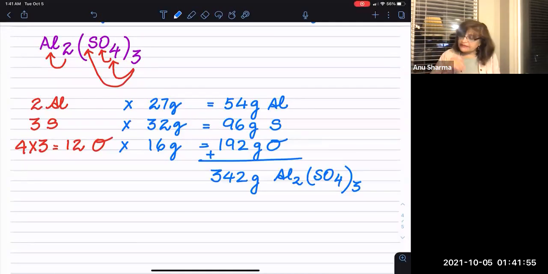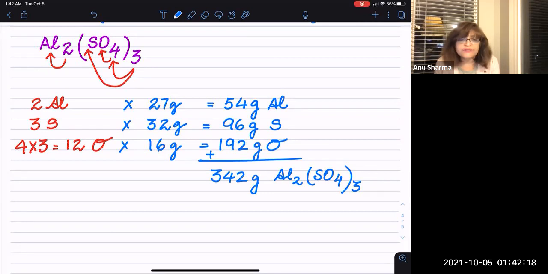As you can see, I've already taken the weights. 27 times 2 is 54 grams of the weight coming from aluminum. Sulfur, 96 grams of the total weight in this molecule. And 12 times 16 is 192 grams of the weight coming from oxygen.